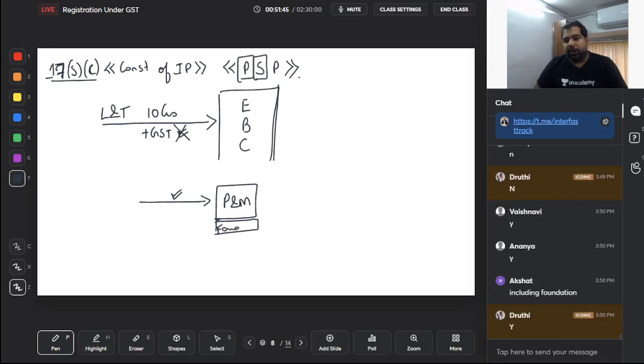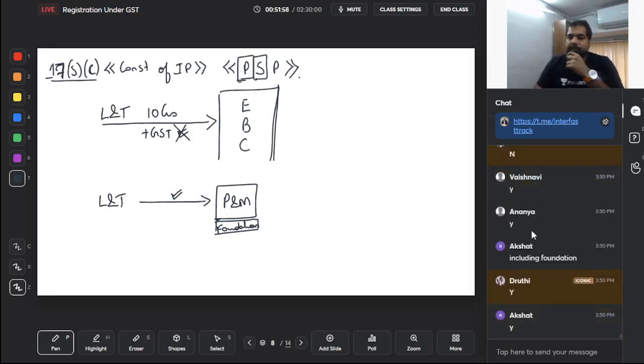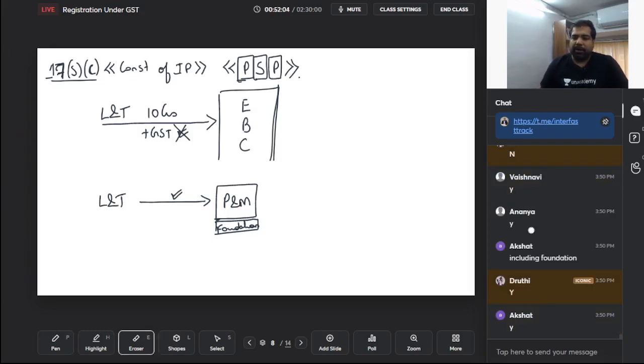Even if there is a foundation for the plant and machinery, we will give you credit for that foundation also. So if I take services from L&T for construction, but not of a building, but for plant and machinery, will I get credit? Yes, P. Including foundation, absolutely right.